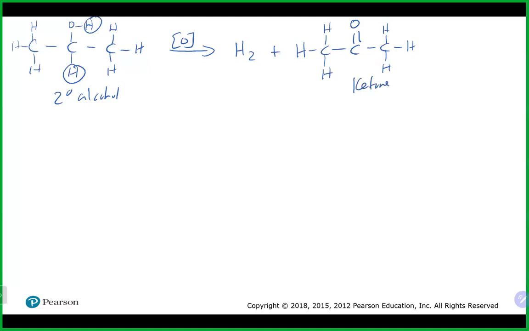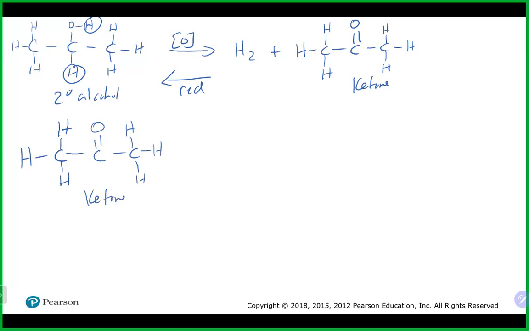So very similar to the one we just talked about, if you wanted to do really the opposite sort of reaction, which is the reduction reaction, and you started with this ketone, and you want to reduce it by adding hydrogen, which again is just 2 hydrogens. Once again, the important part is right there where the double bond is.